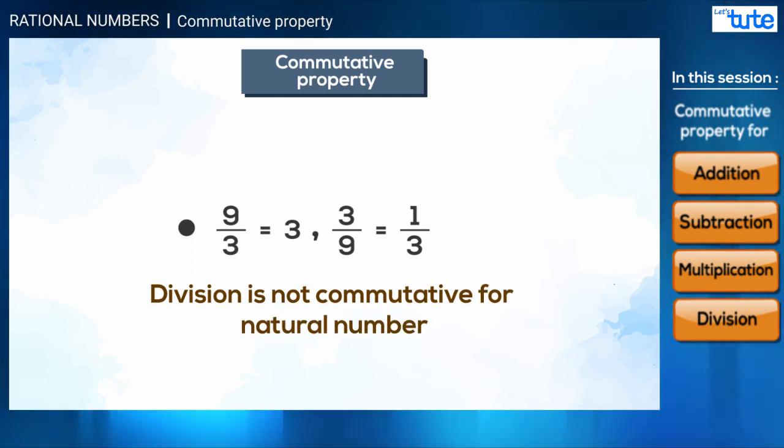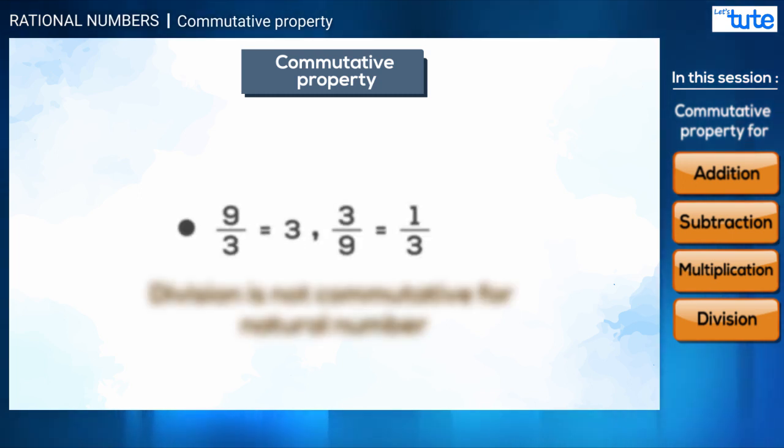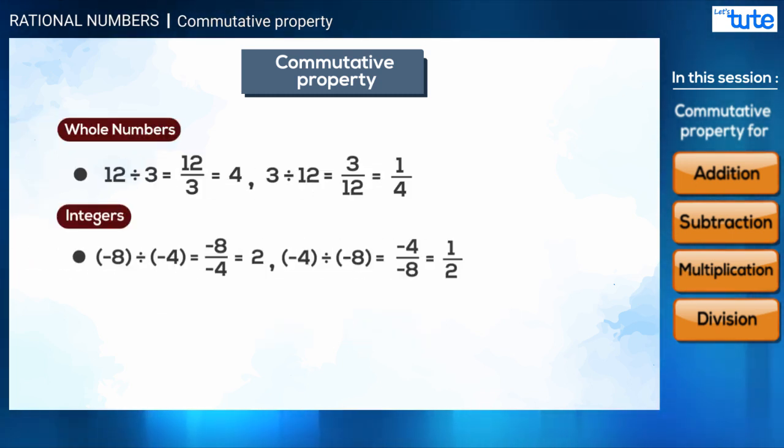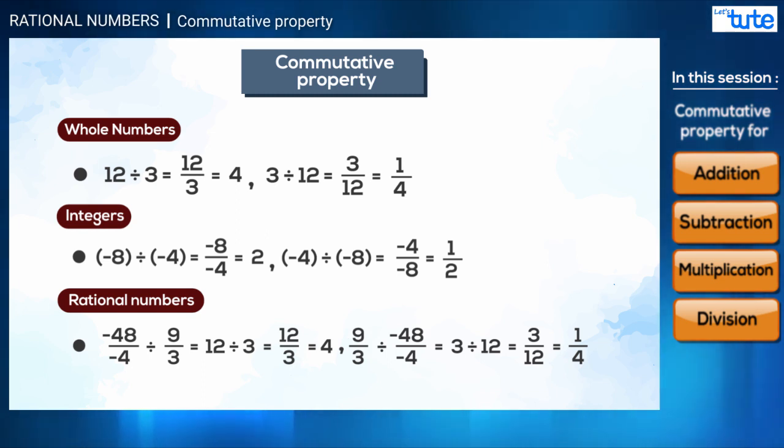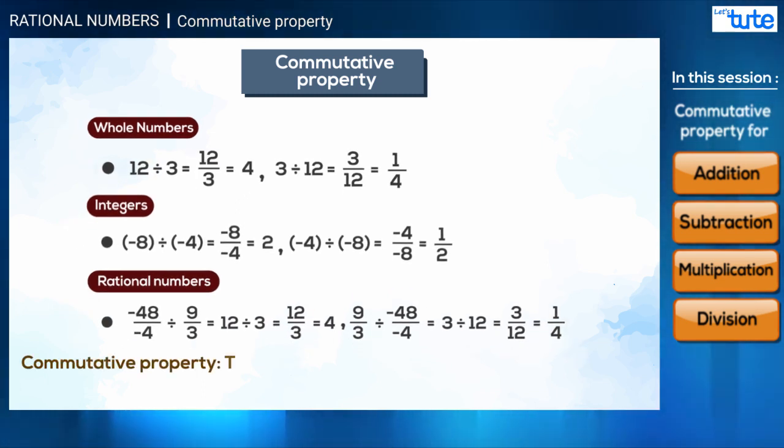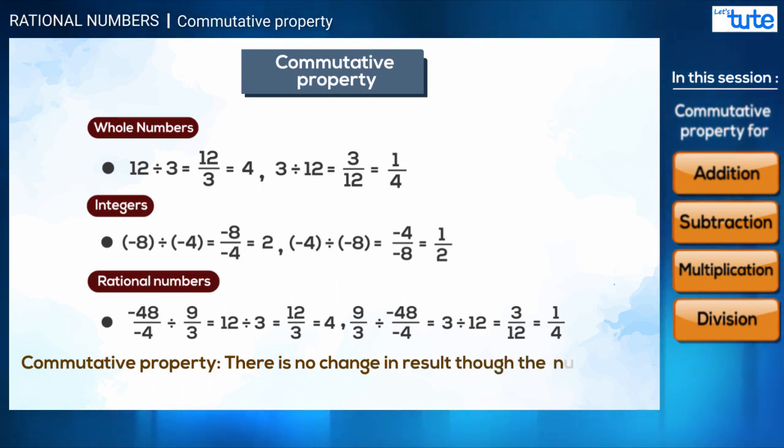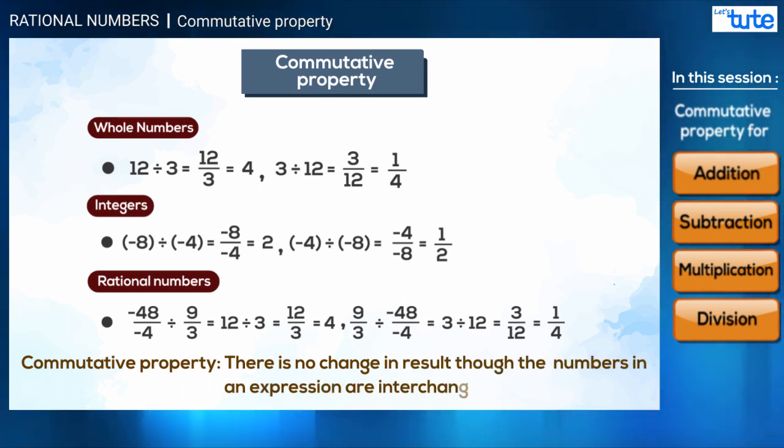Friends, understand that division is also not commutative for whole numbers, integers and rational numbers because the commutative property states that there is no change in the result though the numbers in an expression are interchanged. But for these numbers, we can clearly see that when the numbers are interchanged, the result is also different. So we conclude that natural numbers, whole numbers, integers and rational numbers do not follow the commutative property under the operation division.